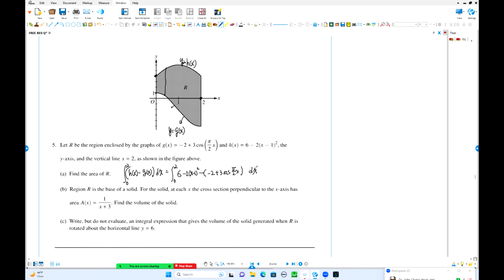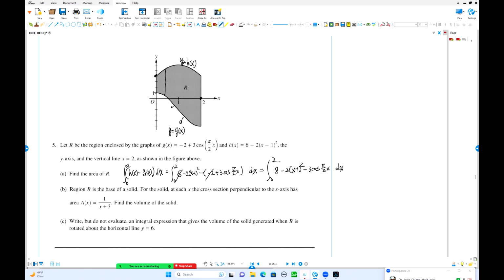Now a little simplification is better. 6 minus negative 2 is 8, so you get 8 minus 2 times (x minus 1) squared. After that, minus negative is plus, so plus 3 cosine pi over 2x, not dx. Now find the antiderivative.